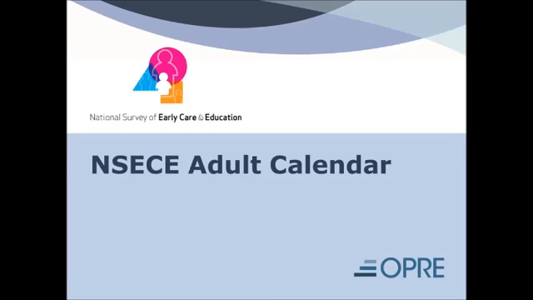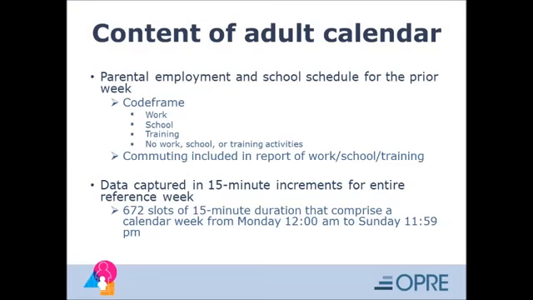So in this section, I will now cover the content and the mechanics of the calendar file. As Rupa had mentioned, the core of the calendar, the adult calendar, regards parental employment and school schedule for the prior week. And there are three key elements to the code frame. There is work.